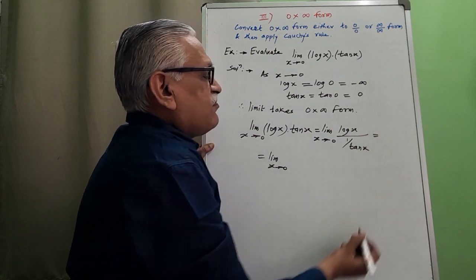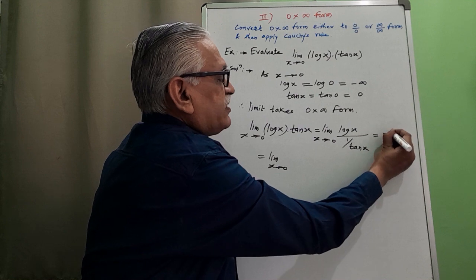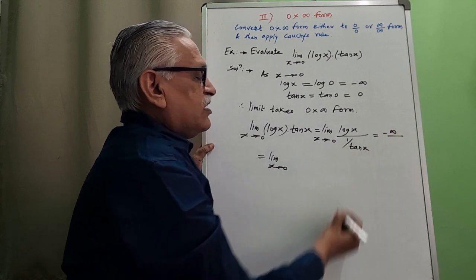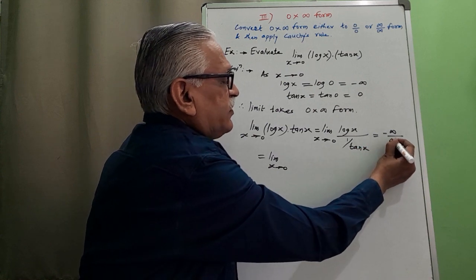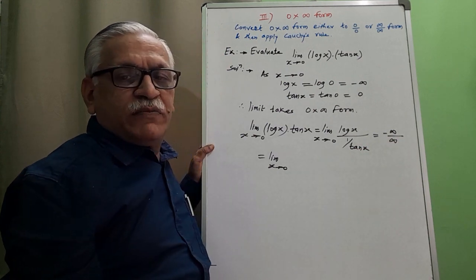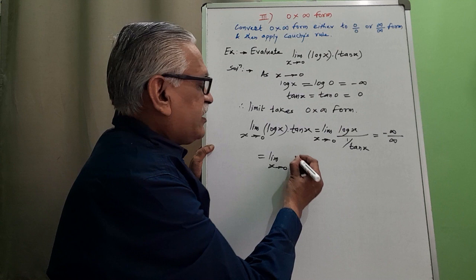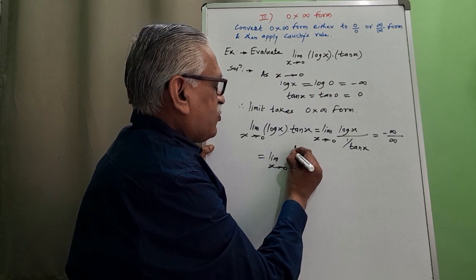Therefore try to get the form, log 0 is minus infinity, 1 by 0 is infinity, therefore the form is infinity by infinity.